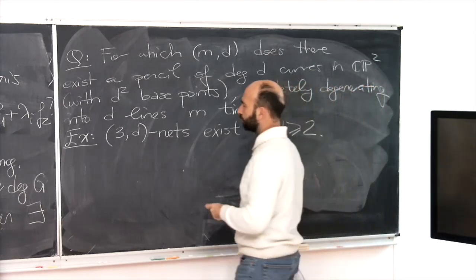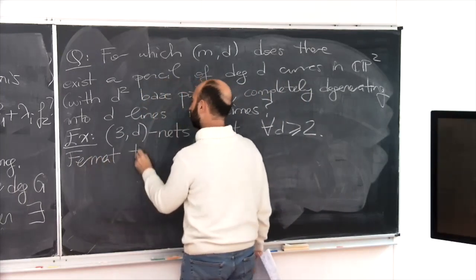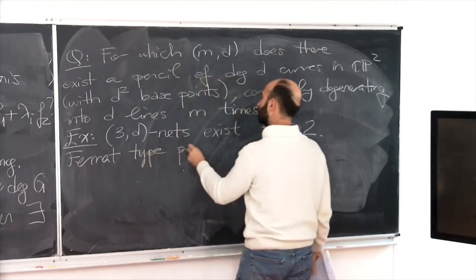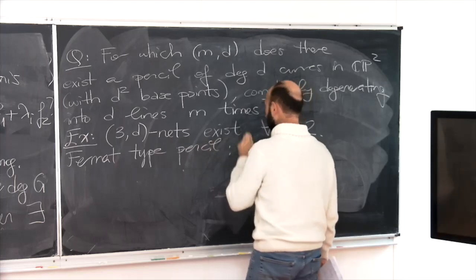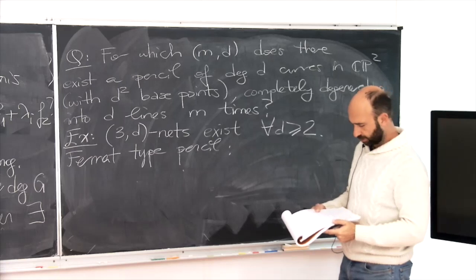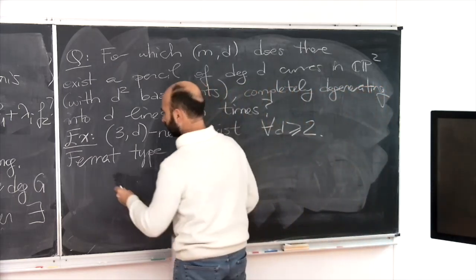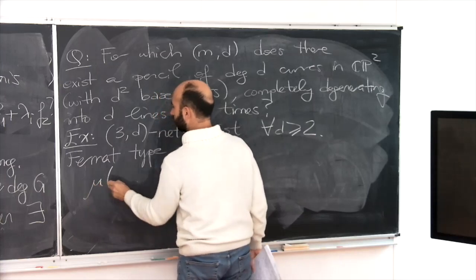And the example I'll write is a Fermat type pencil. So we already saw a Fermat arrangement in the previous lecture. So this is a little bit different, but very close in spirit. So look at the following pencil.